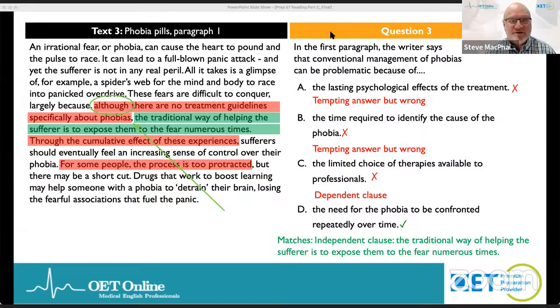But the good news is, and that's the problematic side of things, having to expose them again and again, but now they have a shortcut. It goes on to say, drugs that work to boost learning may help someone with the phobia to detrain their brain. So this is a way to help that process, losing the fearful associations that fuel the panic. Answer D. A lot of people wrote in D. Well done. Good on you.